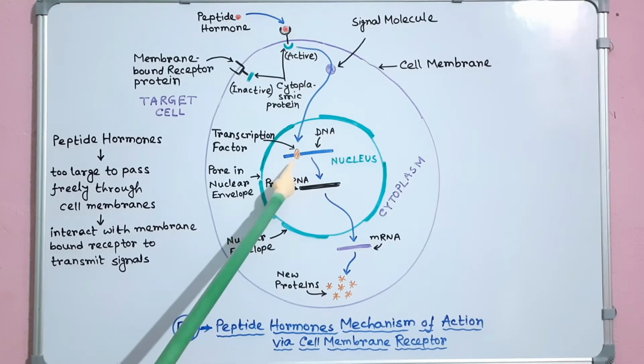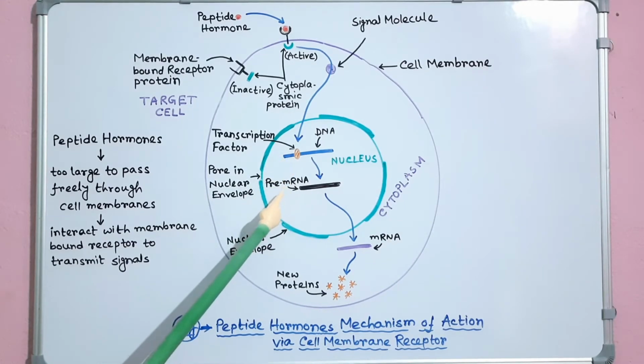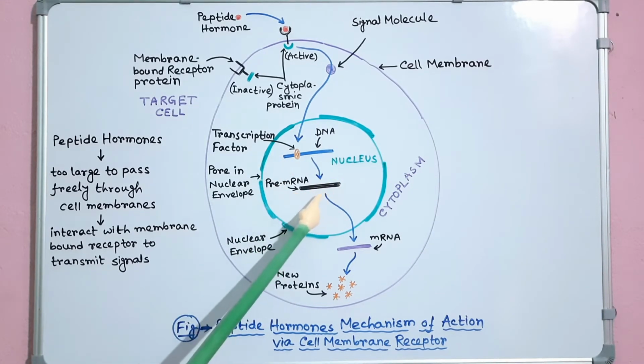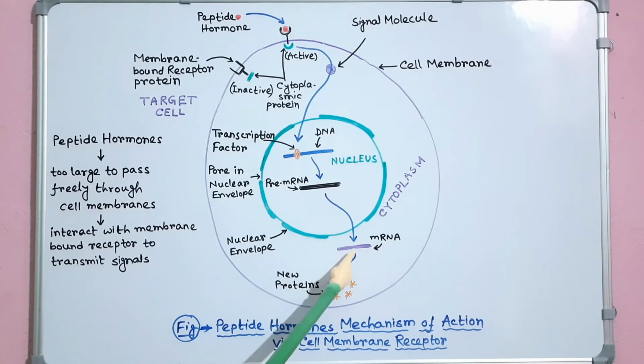The bound transcription factor stimulates transcription of particular genes. The transcript is processed and transported to the cytoplasm as mRNA. The mRNA is translated into proteins which are essential for biological function.